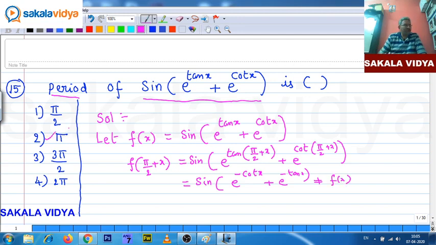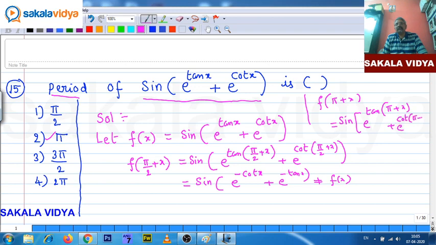Now, second option is the period. That is all that will satisfy, because pi plus x is in the third quadrant. So, you can verify also f of pi plus x is equal to sine of e power tan of pi plus x plus e power cot of pi plus x.